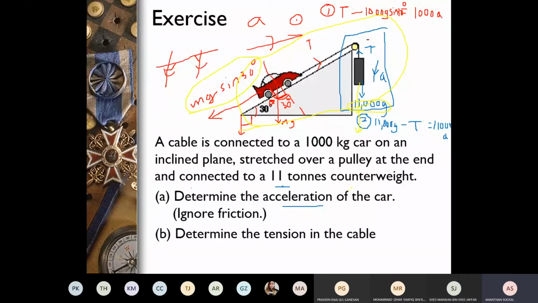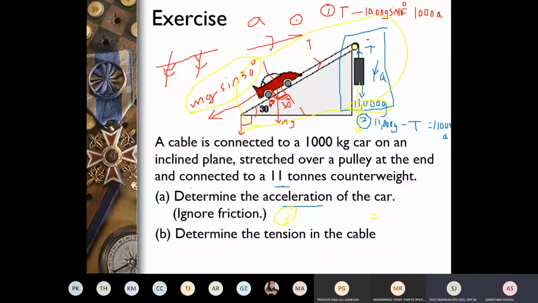So what's the third equation? The third equation will be what? What equals to MA? What is M going to be?